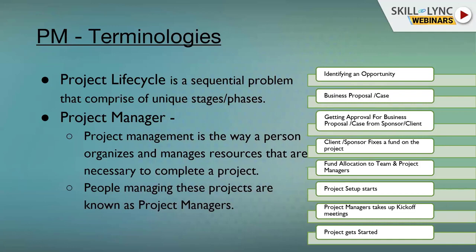That fund is allocated to the team and to the project managers in such a way that the project can be initiated. So then the project setup starts, and the team allocates resources and tries to build everyone.